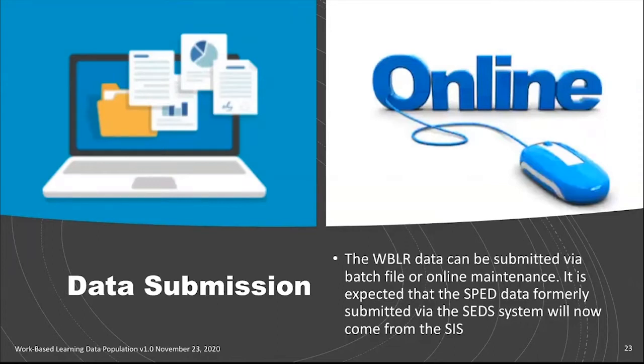WBLR records can also be maintained using the CalPADS online maintenance user interface, and they are processed basically the same way, using the same rules and validations that are applied to the batch files.